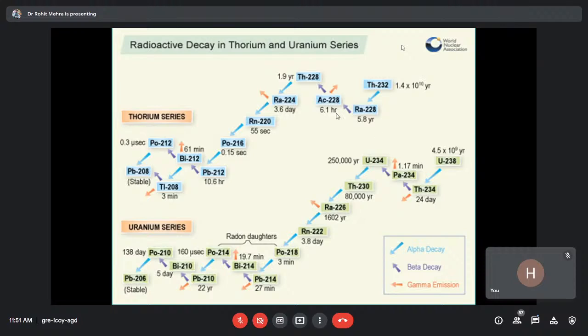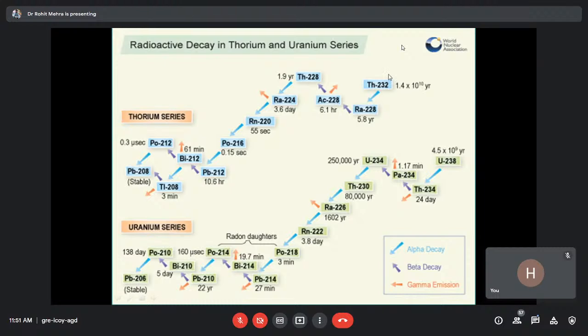So this is a nomenclature for how to write or mention in the series, which as a physicist you should always follow. And if it is a beta, it will go upward. It is not that we just placed it lower; this is the standard nomenclature, to go down for one and up for the other. When it is gamma, there is no mass change, so gammas are only emitted out.